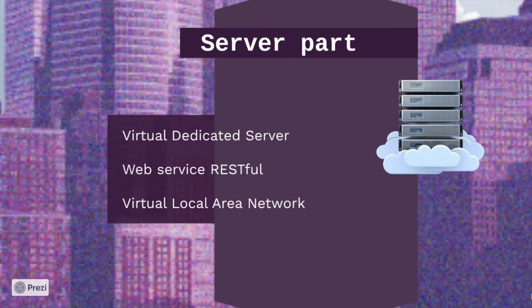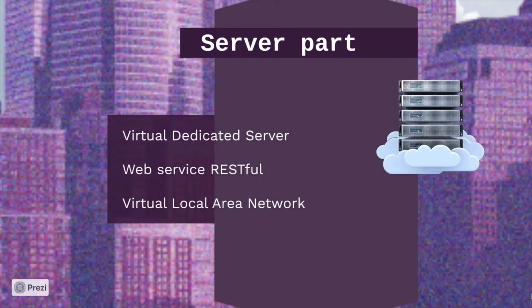VLANs are used to create a logical network topology that is independent of the physical topology. A virtual private network tunnel with a pool of addresses is configured on the VDS server. VPN is a secure, encrypted connection between two networks or between a user and a network.